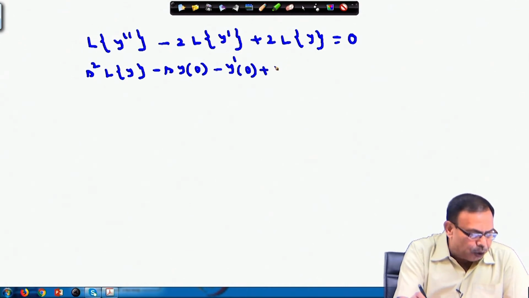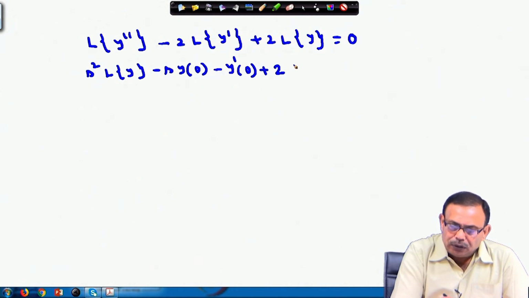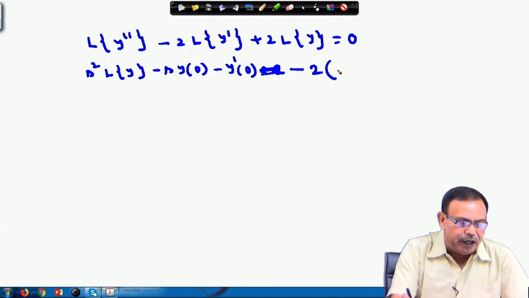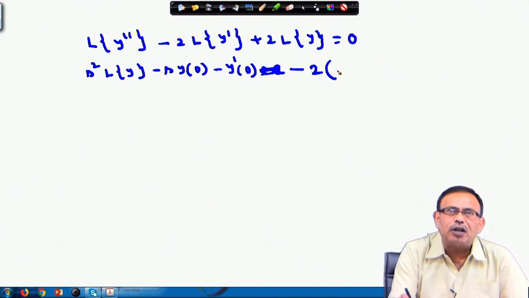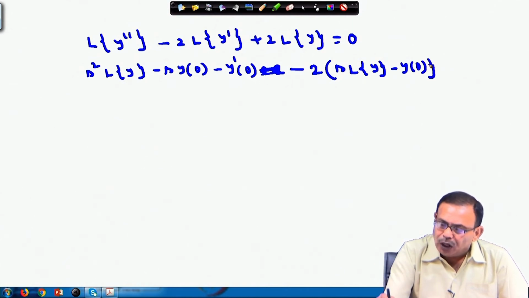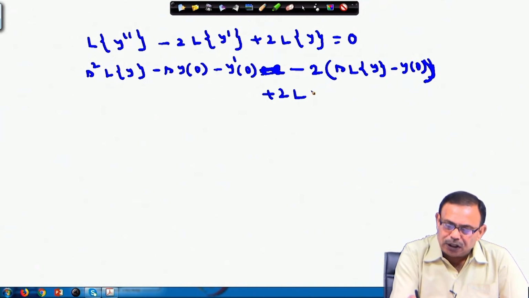Then minus 2 into Laplace transform of y dash, which we know is s into Laplace transform of y minus y 0, and plus twice Laplace transform of y, this equals 0.